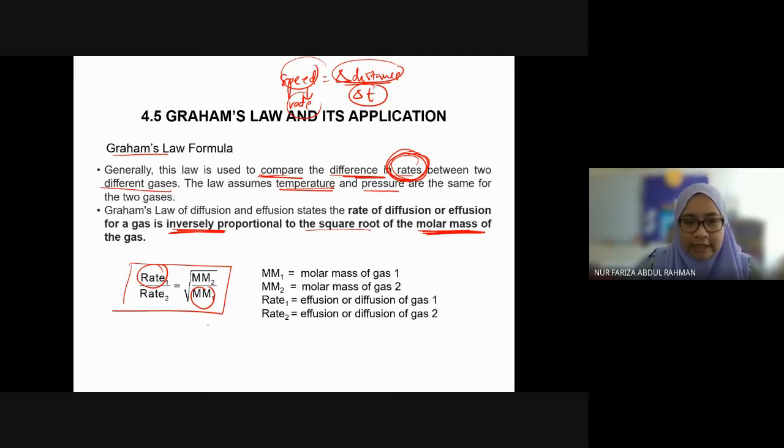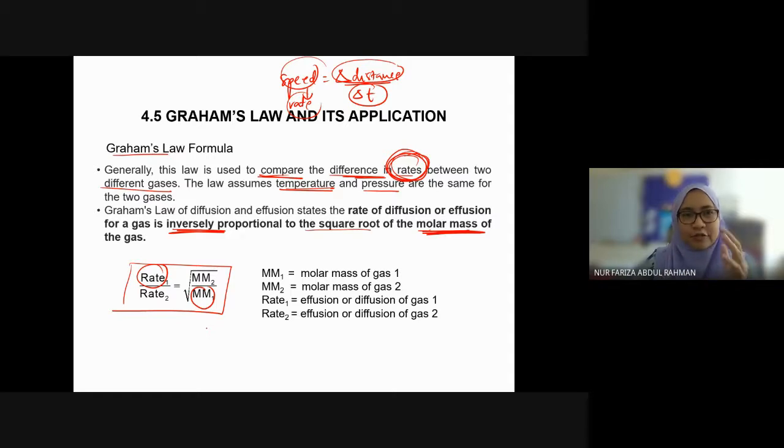The heavier the mass, or the heavier the particles or the substance, by right the movement will be slower, or the speed will be slower. Their movement will be slow, and this causes the time taken to be longer.